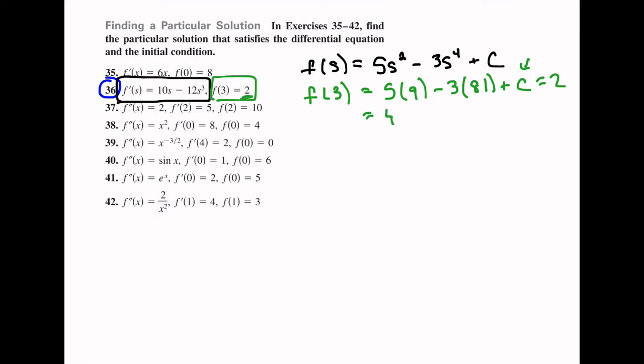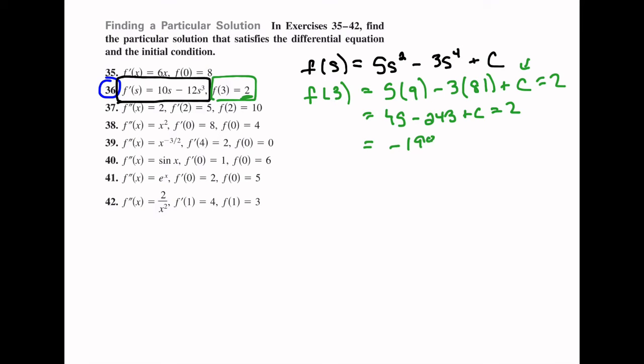So it's 45 minus 243 plus c equals 2. 198, negative 198, and then we add, I guess I don't need to keep writing these equal signs.